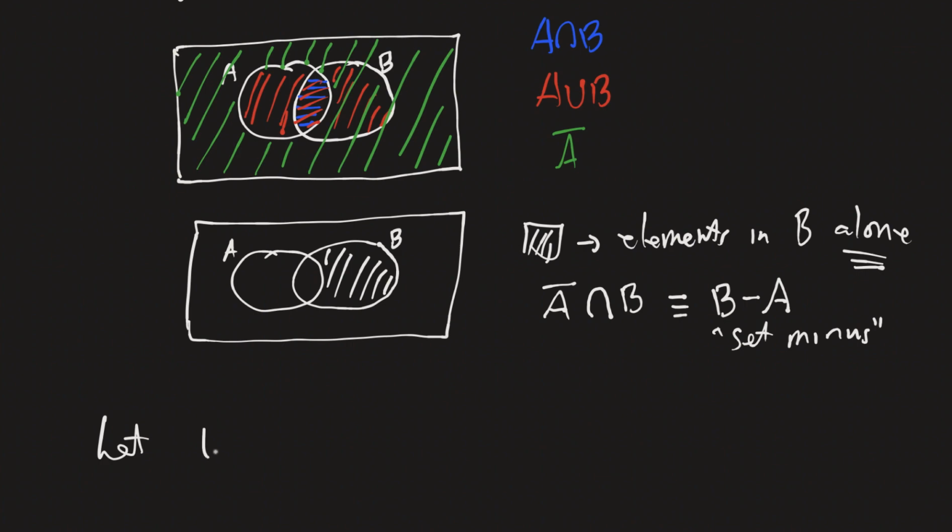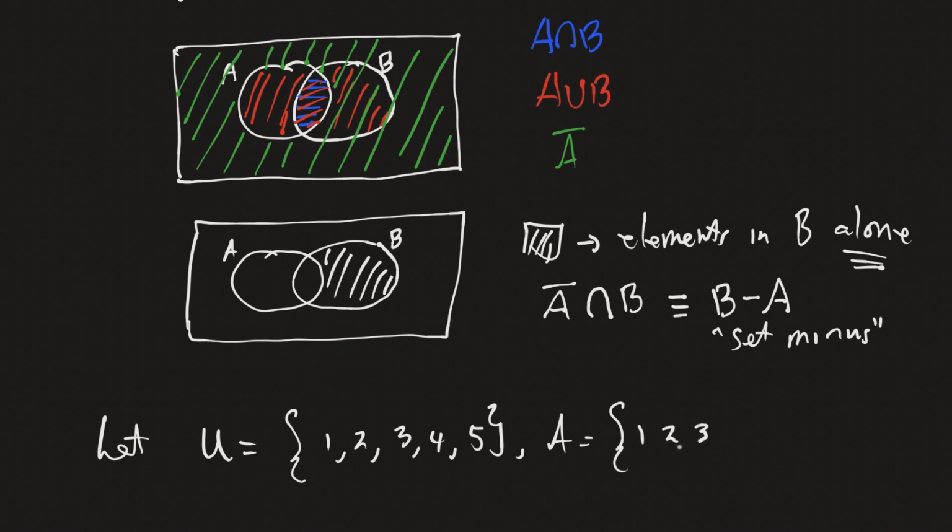So let's do an example here just to illustrate what's going on. I'm going to take this to be a simple universe. So 1, 2, 3, 4, 5 is my universe here. And then let me take A to be 1, 2, 3, right? And then I'm going to take B to be 3, 4, 5.